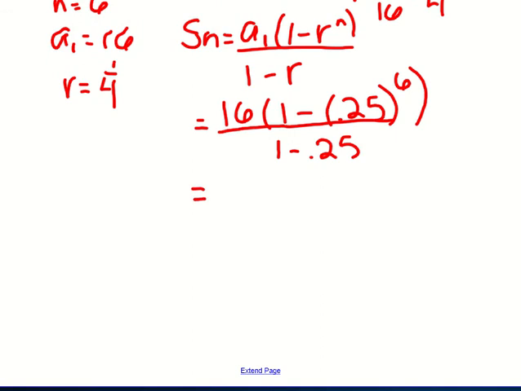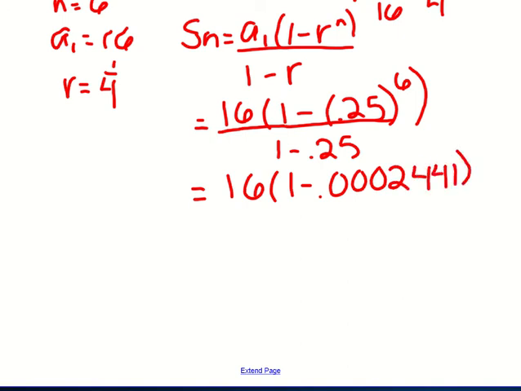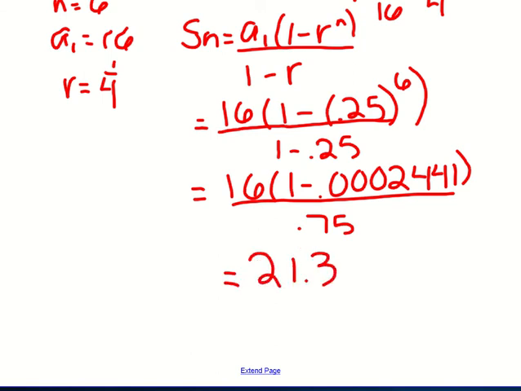This will simplify to 16 times 1 minus 0.00024441, all over 0.75, which is going to give you 21.3. So the biggest thing with this section is just knowing the sum formula, being able to identify your n, your first term, and your ratio, and then plugging all these numbers in.